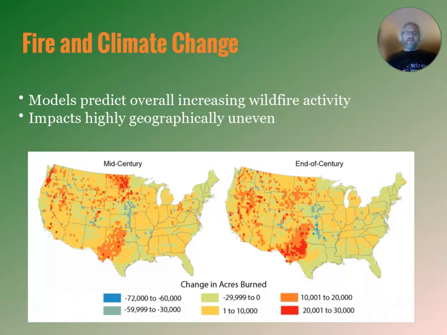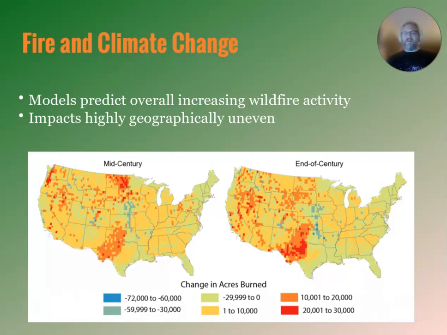So looking forward into the future, our climate models predict overall increasing wildfire activity. So the big picture general trend is for increasing wildfire under all of our different climate change scenarios that we've modeled. But the impacts are highly geographically uneven. So they're not playing out the same everywhere.